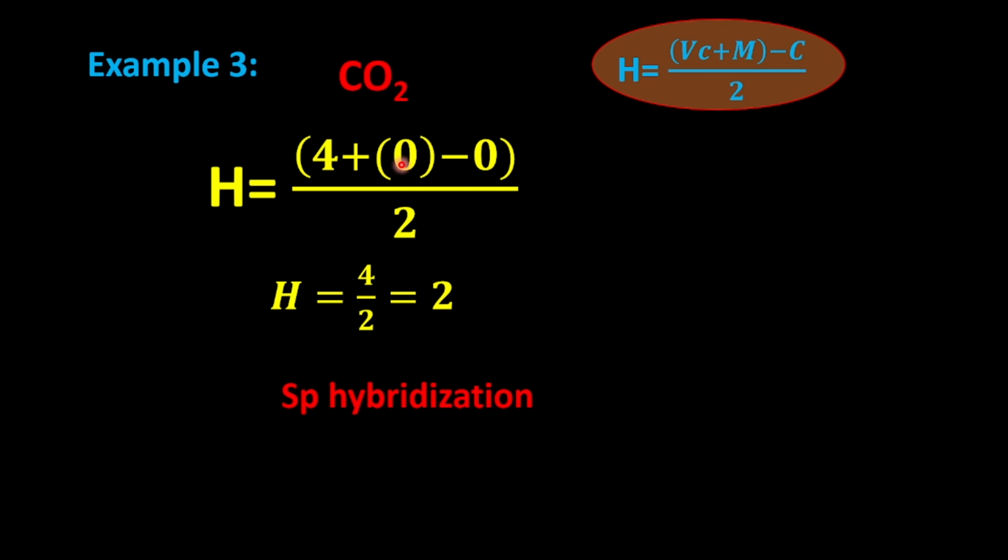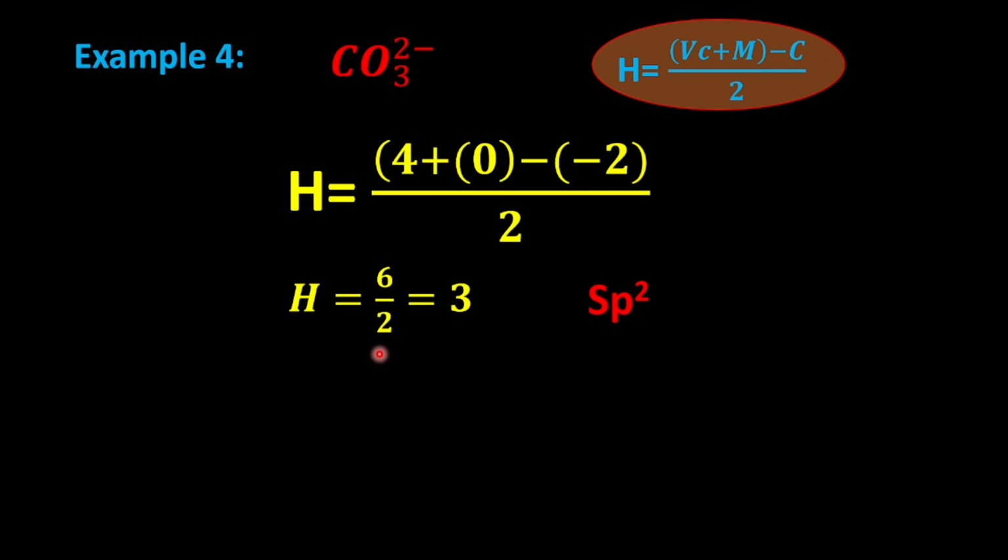No. So that is 0. Do we have any charge on this molecule? No. That is also 0. So that will give us 4 plus 0 minus 0, all divided by 2. And that will give us 4 over 2, which is 2. 2 indicates that it is sp hybridized.